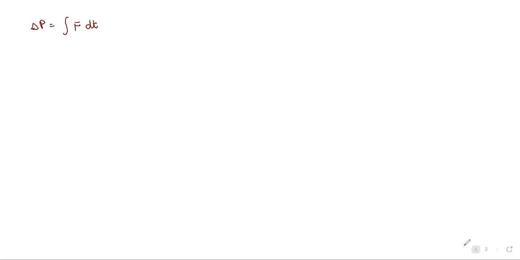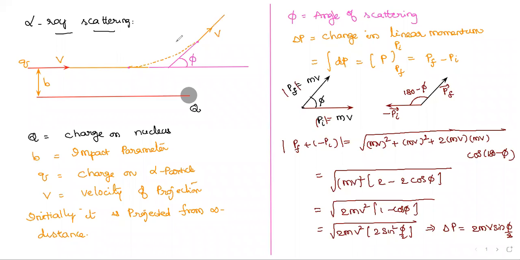Since these two magnitudes are equal, the delta P, which you got as 2 mv sine phi by 2, exactly bisects the angle. This is the resultant vector.